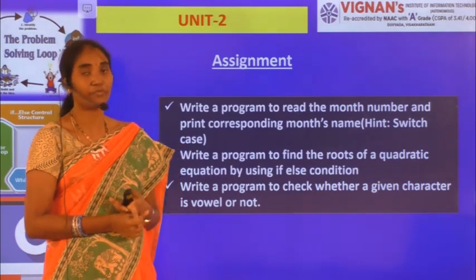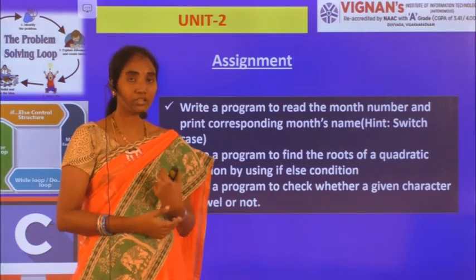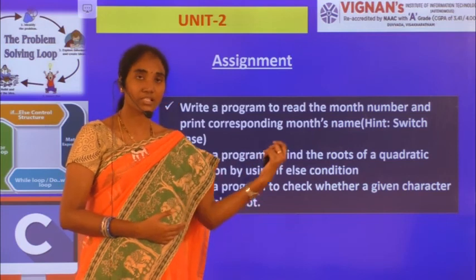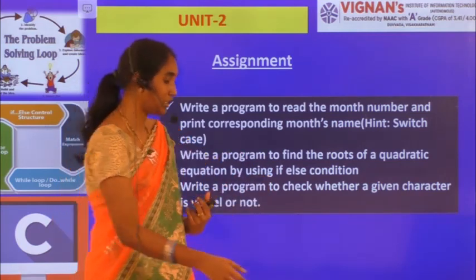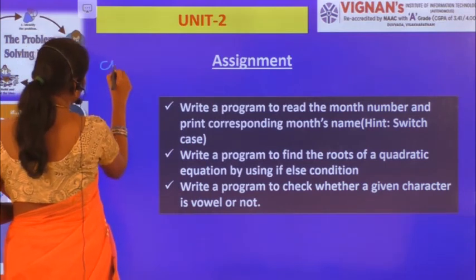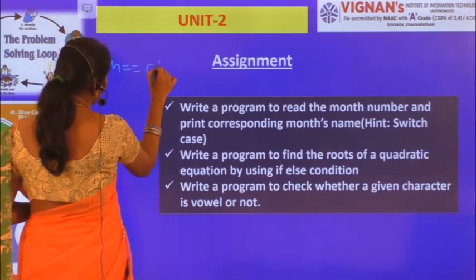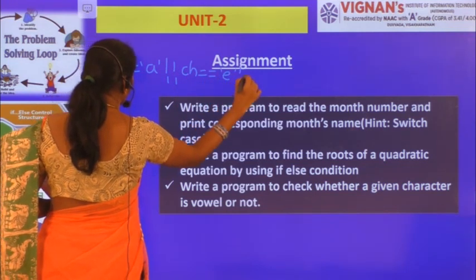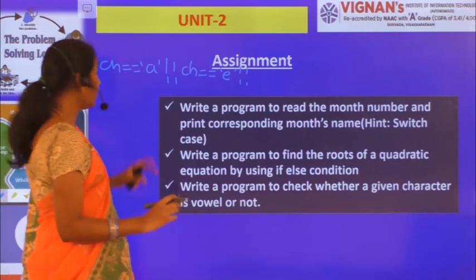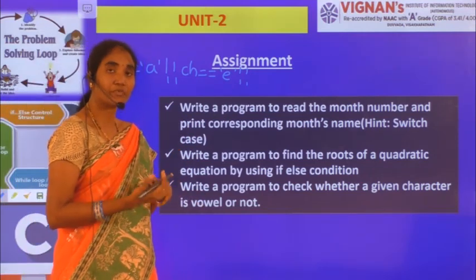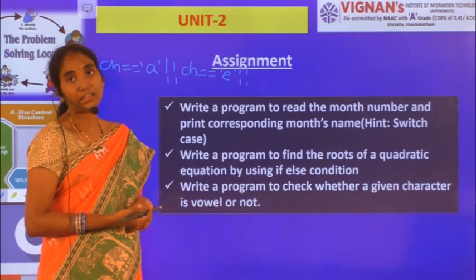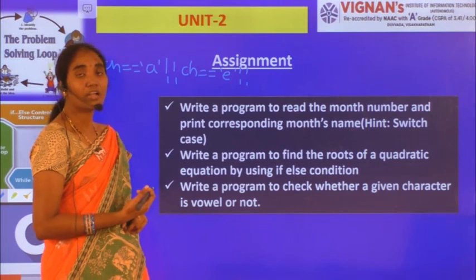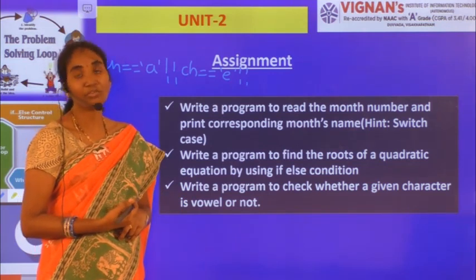If the given character ch is equal to a, logical OR, ch is equal to e, logical OR, and likewise A E I O U, with all the small letters and even the capital letters. If the character matches the combination, then I can say that the given letter is a vowel. So likewise you can check it. These three are the assignments, so try to do that.